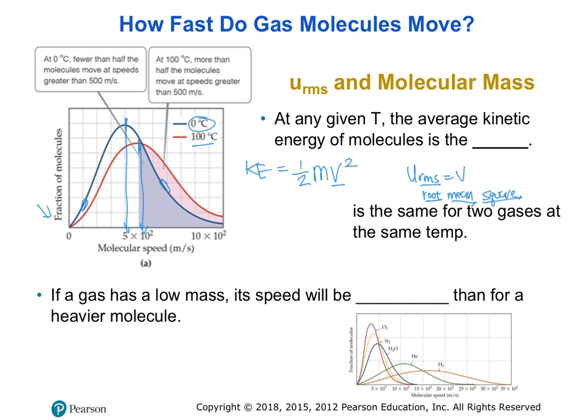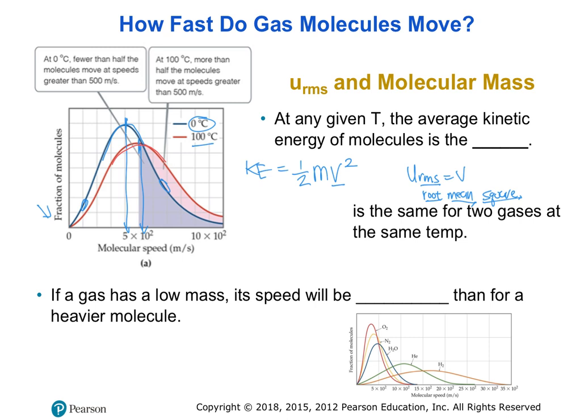The area under the curve represents how many molecules we're dealing with at that particular speed. So when it's cooler, I have more molecules moving slower overall, and at a higher temperature, more molecules are moving faster.